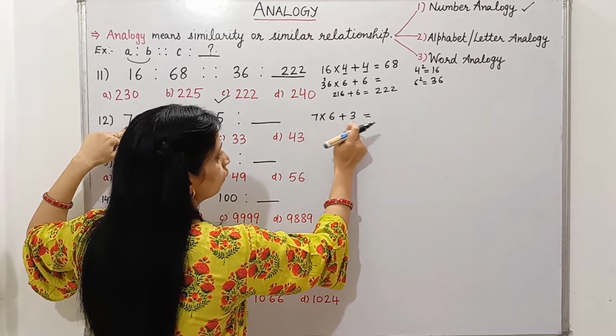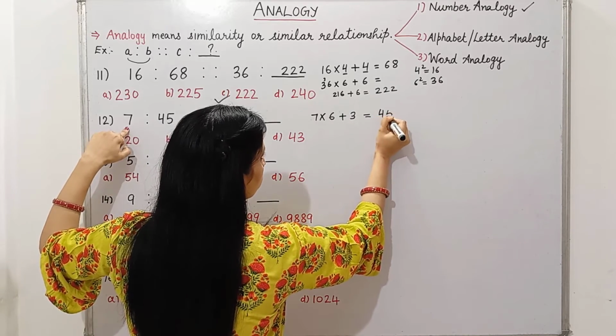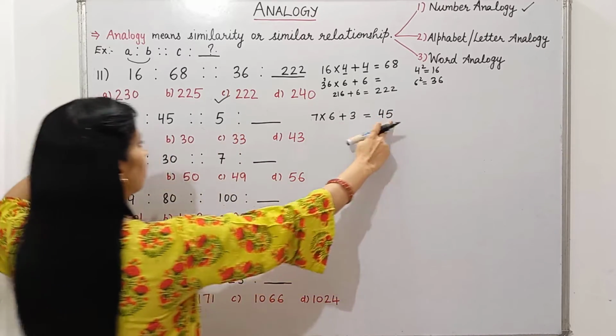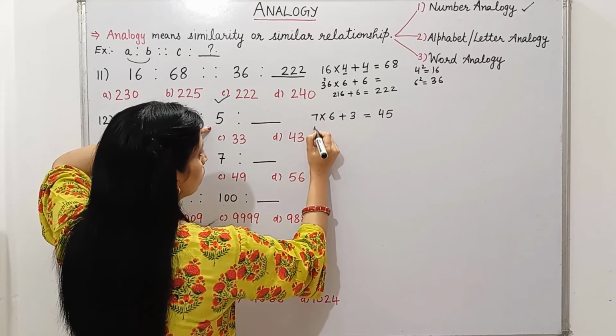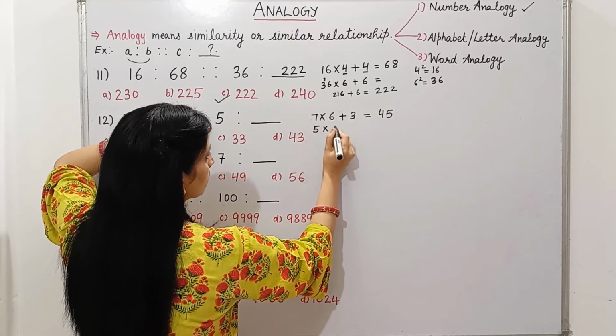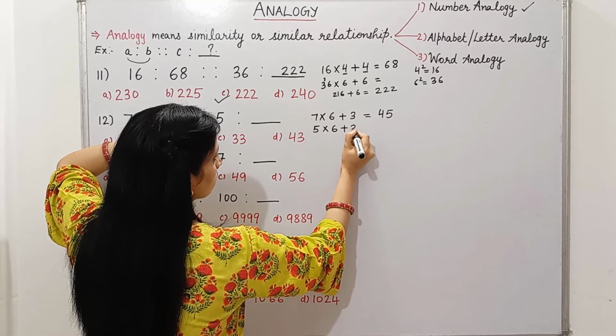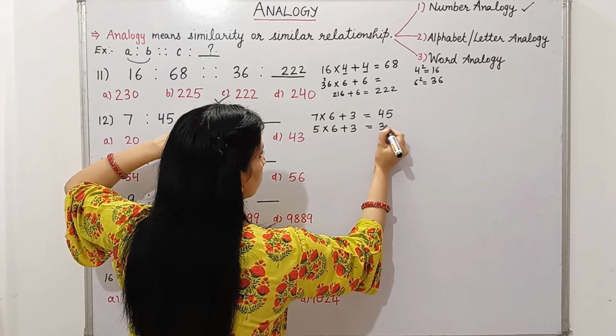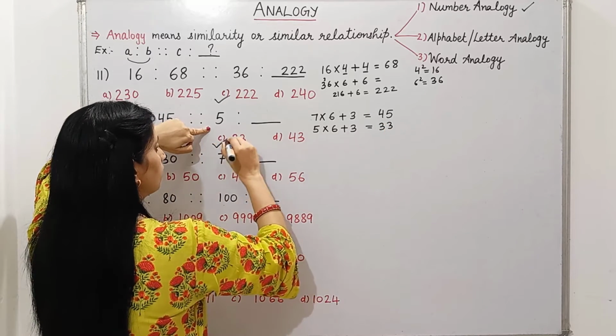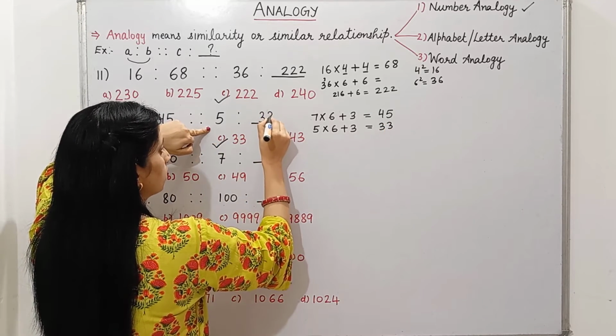So this way we are getting 45. So we will use the similar method in this. 5 multiplied by 6 plus 3. 5 6s are 30. 30 plus 3 is 33. So 33 will be our correct option. So write 33 here.